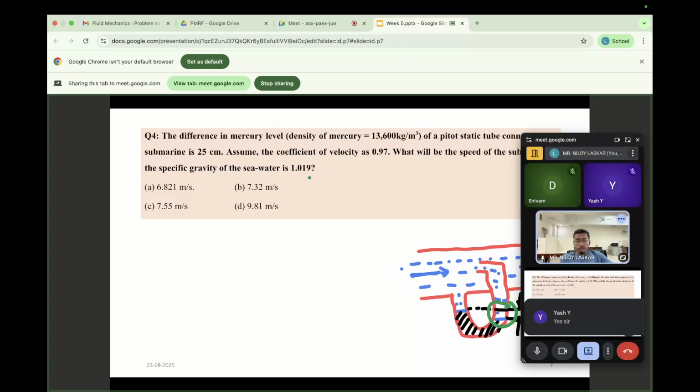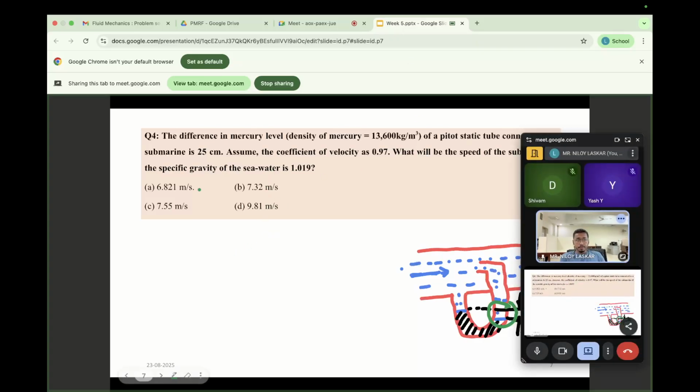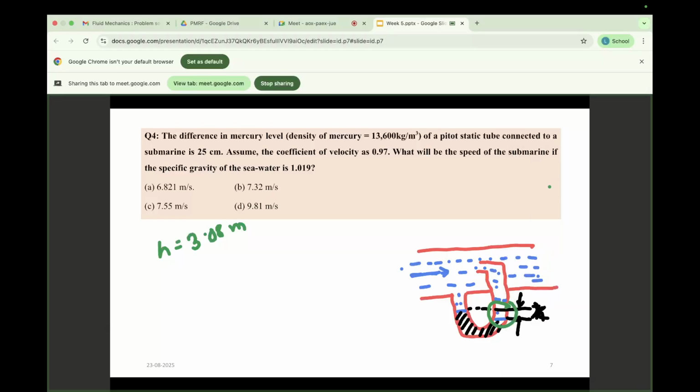Okay, so now I am solving the rest. What I have got, this H means 0.308 meter. So now I can find velocity. So v is root over 2gh. This is the theoretical value, that means in theory what value we are getting. So you can put this value, 0.308, right?